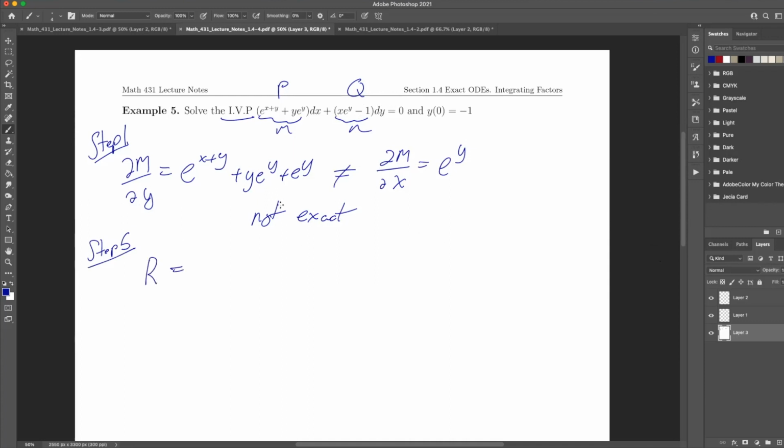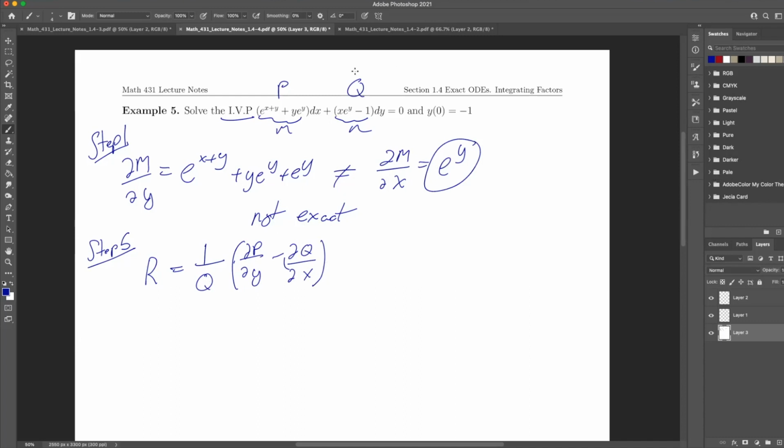So r from our last page, and I'll just write it down for you, is equal to 1 over q of the partial of p with respect to y minus the partial of q with respect to x. But the partial of p with respect to x is the same as this, right?